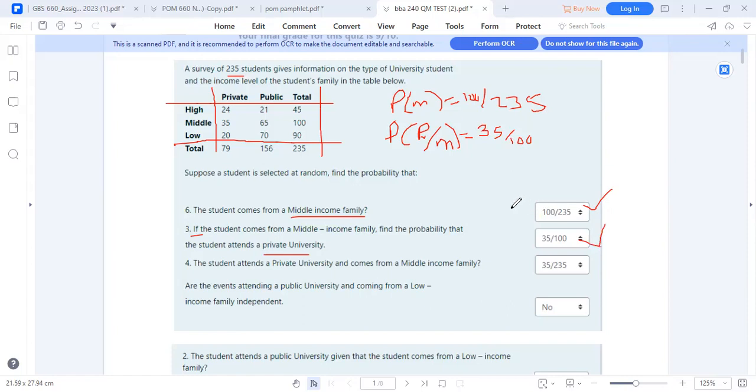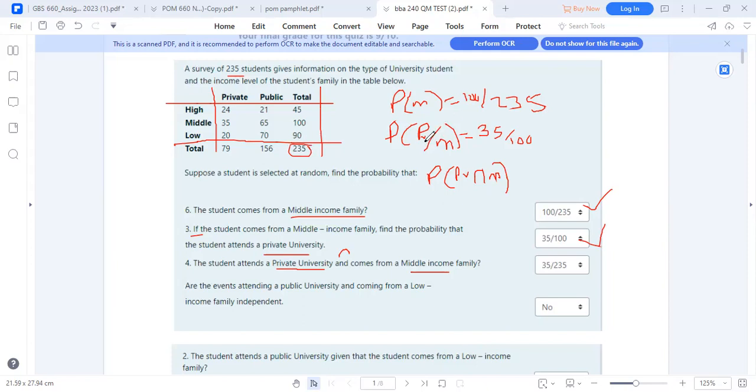All right. The word and means what? Intersection. So what's the probability that the student attends private university and comes from middle? So let's look for private intersection middle. You go where they meet, private and middle, it's 35. But whenever we're doing intersection, we get the total of totals.